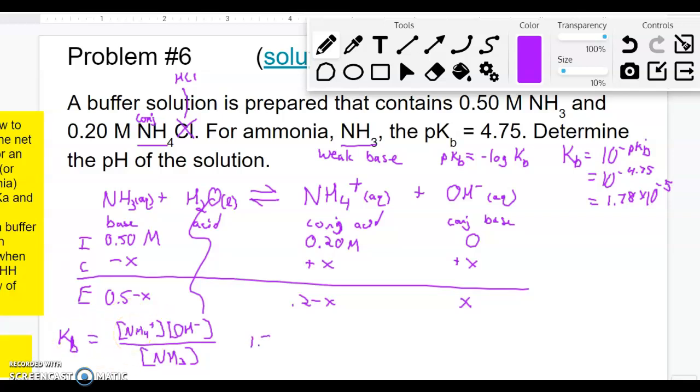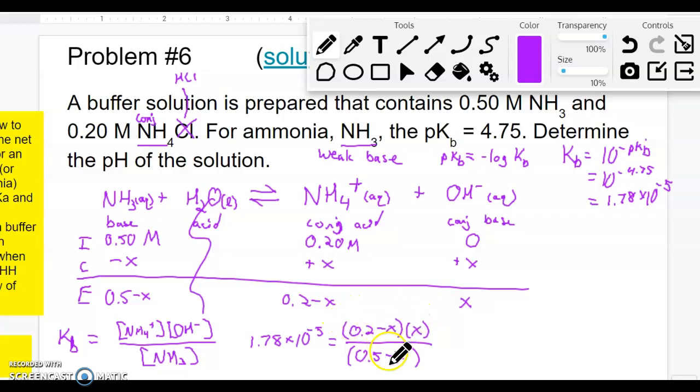It's 1.78 times 10 to the negative fifth is equal to, now I'm putting this stuff in, I have 0.2, I should have 0 in here, minus x, times x over 0.5 minus x. Now here's where, again, it gets a little tricky.